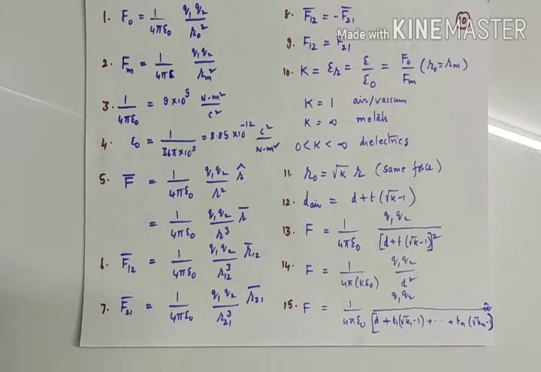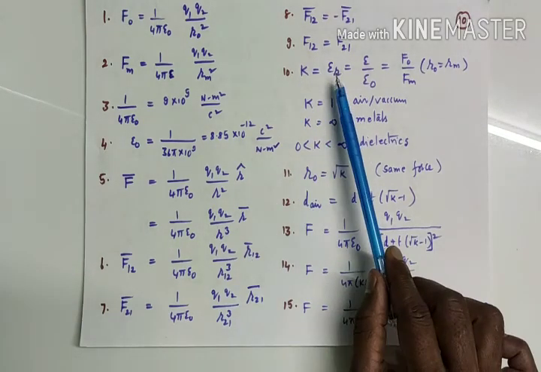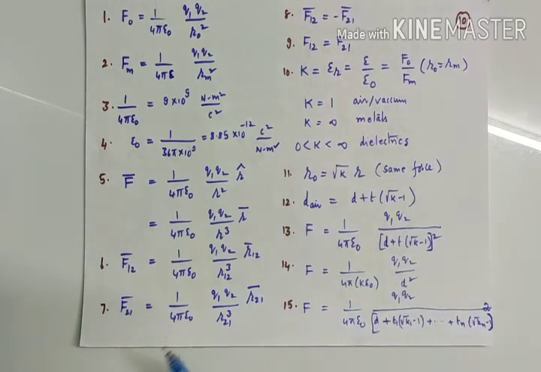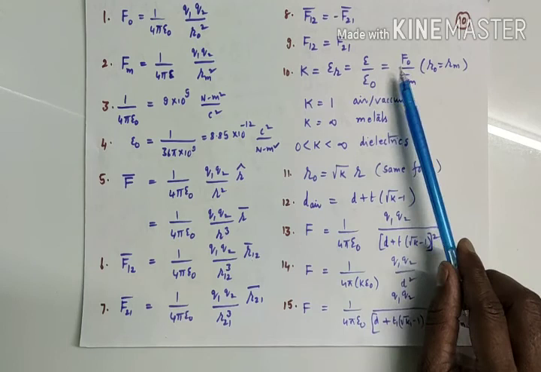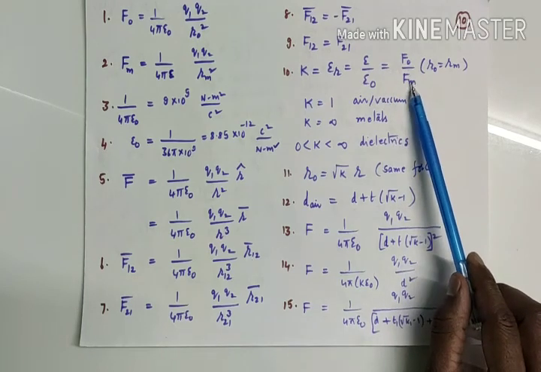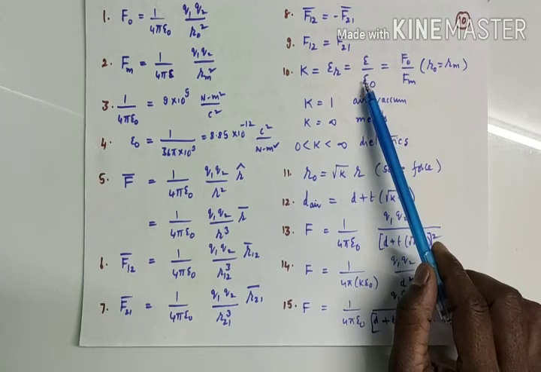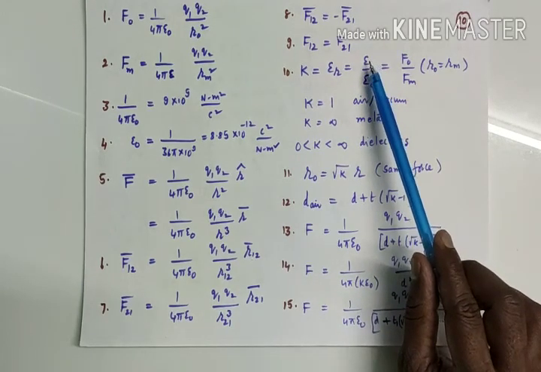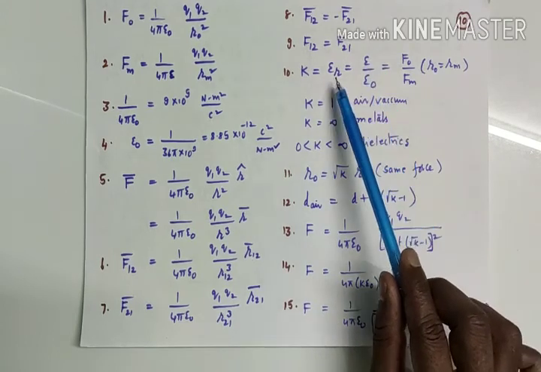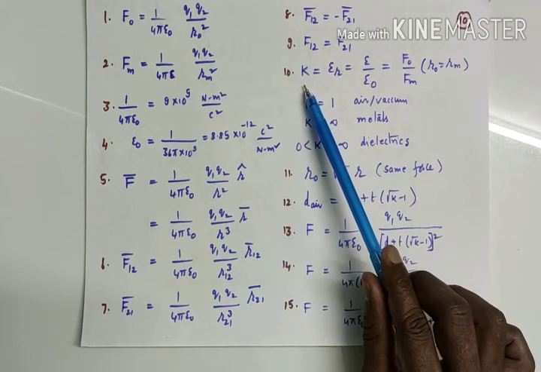And then the dielectric constant of the medium, or relative permittivity of the medium, is equal to epsilon by epsilon naught, that is also equal to F0 divided by Fm. As you know very well, epsilon naught is the permittivity of free space or vacuum, epsilon is the permittivity of the medium, epsilon r is the relative permittivity, K is the dielectric constant.